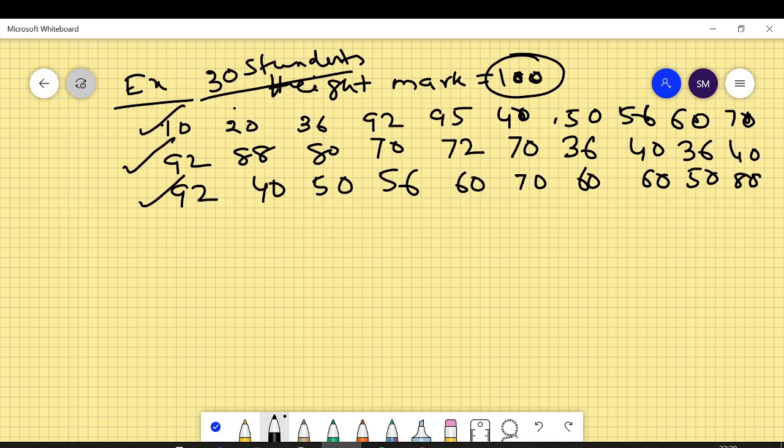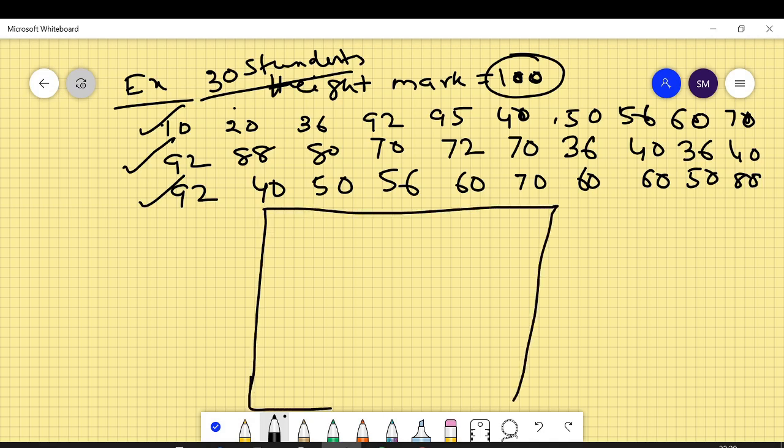We arrange them in a frequency table. This is the table, with marks and the number of students, or frequency.